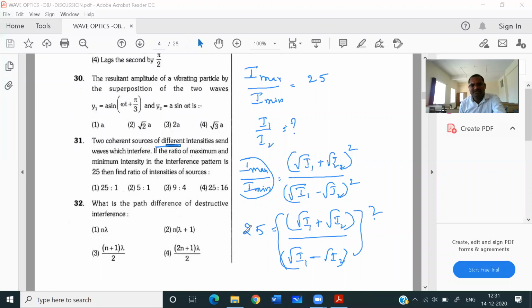Sending the square to this side, it will become root 25, which is 5.